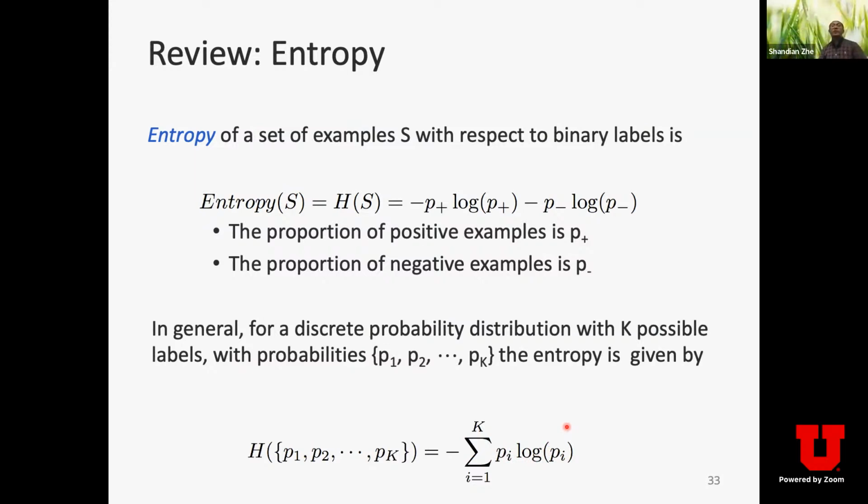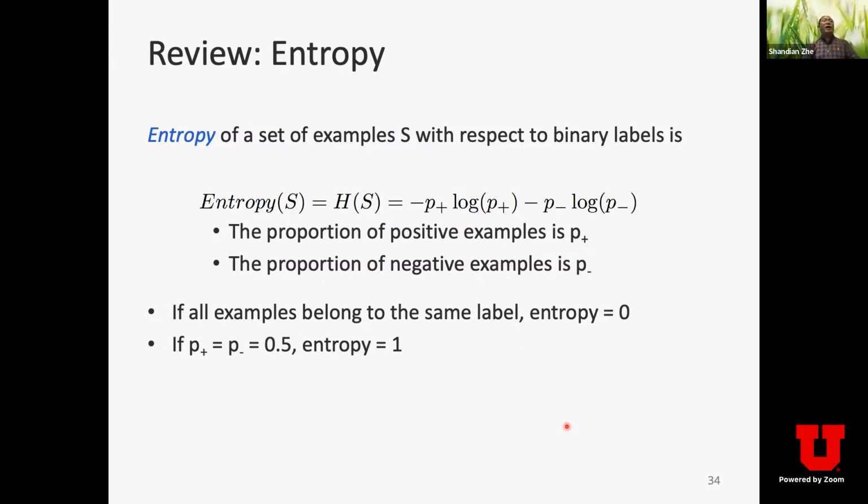So what are the properties of entropy? This is very important. I have actually just discussed it. If all the examples belong to the same label, then the entropy is simply 0. We can verify this: if P positive is 1, then 1 times log 1 is simply 0. But someone may feel confused, since P negative is 0 and 0 times log 0 seems ill-defined.